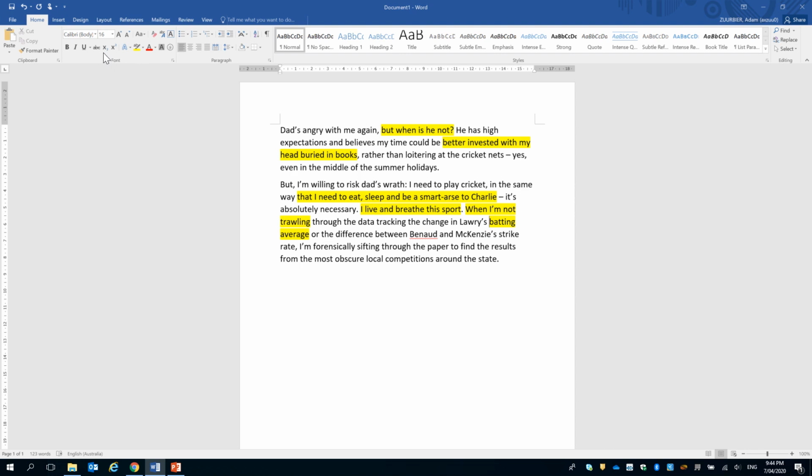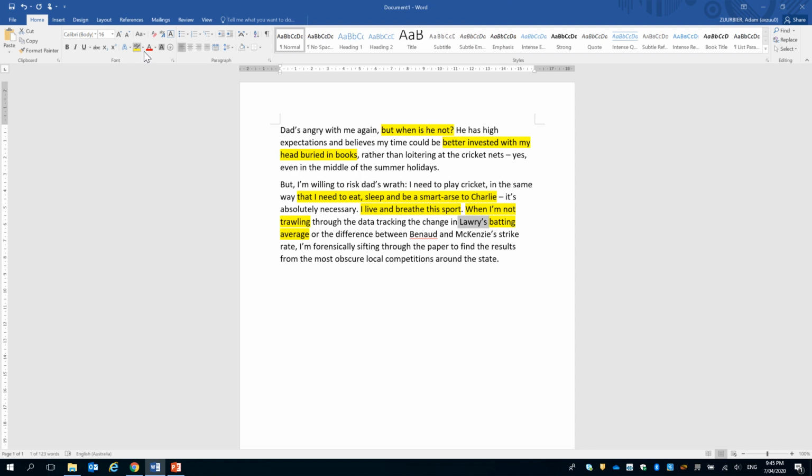What I mean by register is his ability to use very subject-specific vocabulary related to the subject of cricket. So batting average is a very specific term related to scoring and statistics in cricket.